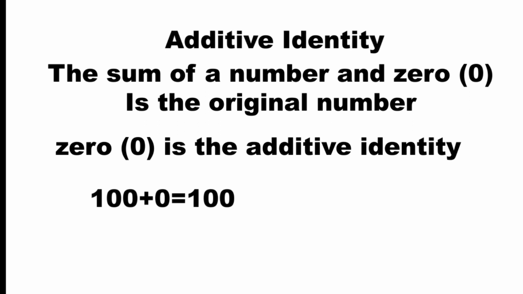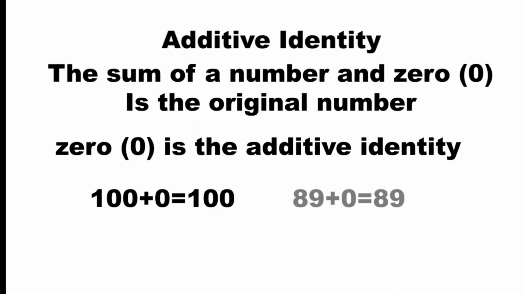So any number added to 0 is still the number. So we have 100 plus 0 is equal to 100. 89 plus 0 is equal to 89. That's the additive identity. You have to add 0 and the number will go back to original.